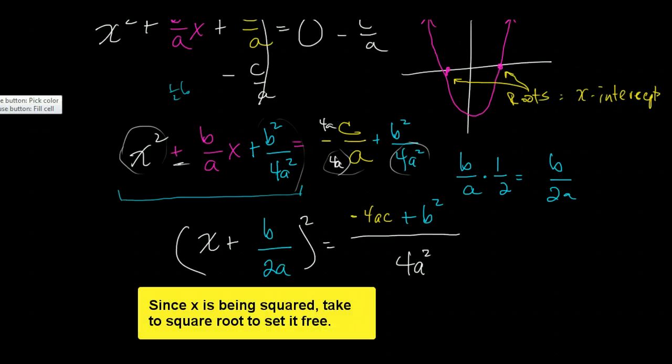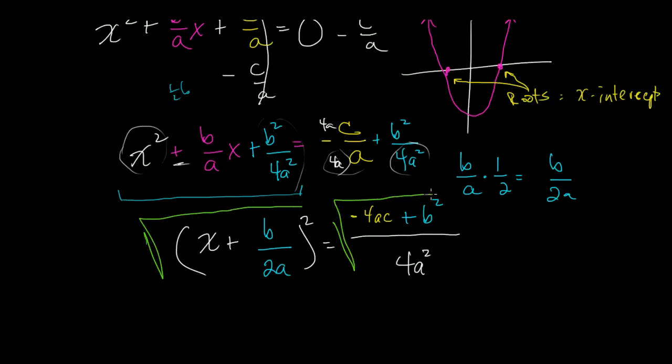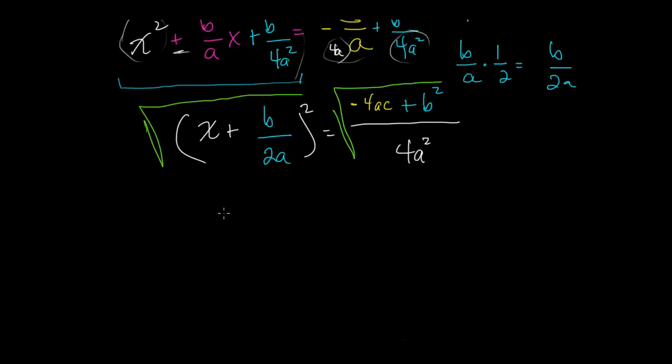So to unpackage that, let us take the square root of both sides. And when we do, we'll have x plus b over 2a equal to, our denominator is a perfect square, so that'll come right out. That'll be 2a in the denominator.